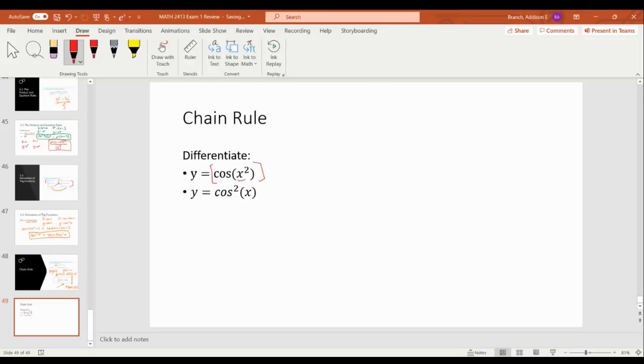So we'll start off by taking the derivative of our outside function, the cosine. The derivative of cosine is negative sine. And then we'll leave the inside part the same, and multiply it times the derivative of that inside part, the derivative of x squared, which is 2x. So that will be negative 2x sine of x squared.